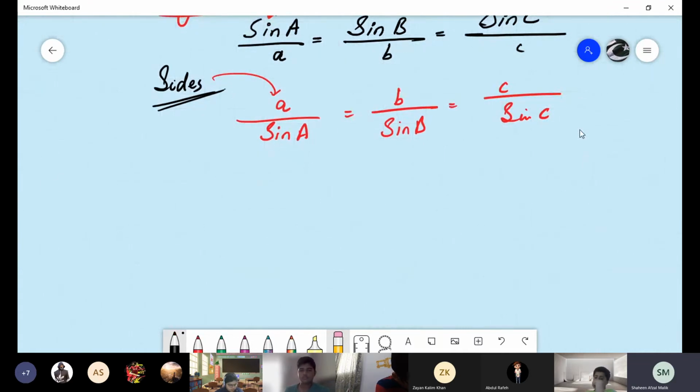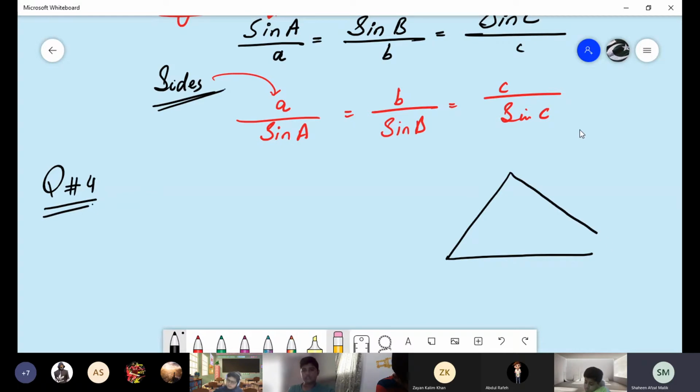Today we have to start with question number 4. Look at your question number 4. There is a triangle given to you in this way. There is a triangle named A, B, C, and the sides are labeled a, b, c.